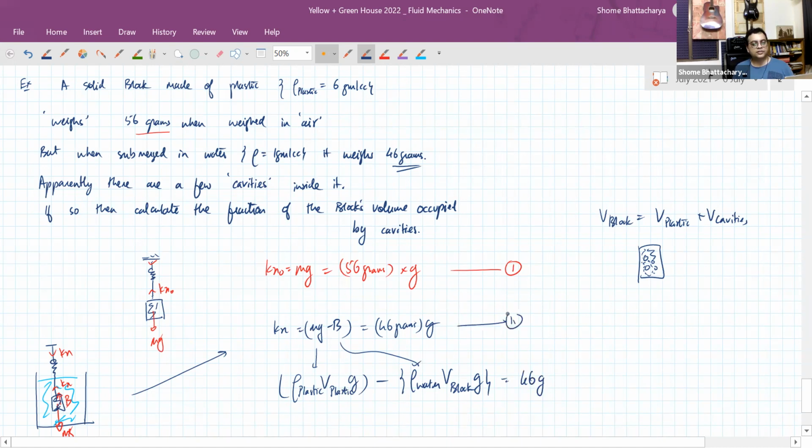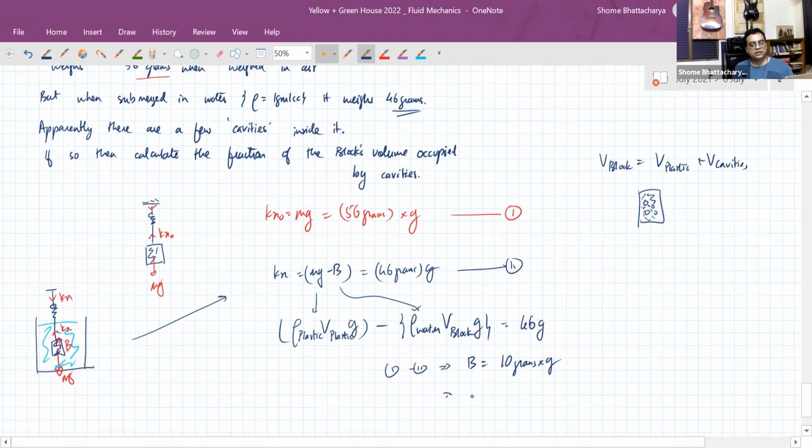If you subtract the two equations, equation 1 minus 2 will show you that buoyant force is equal to 10 grams times g. So density of water times volume of the block is equal to 10 grams.